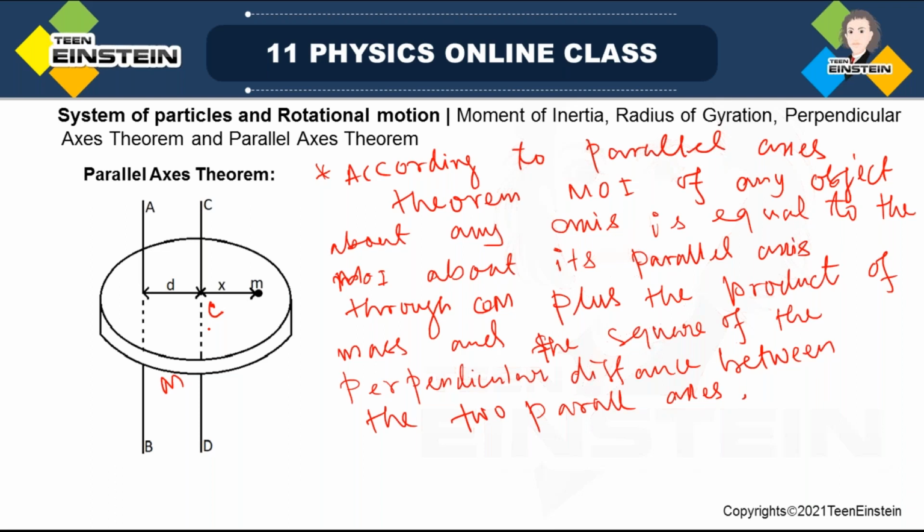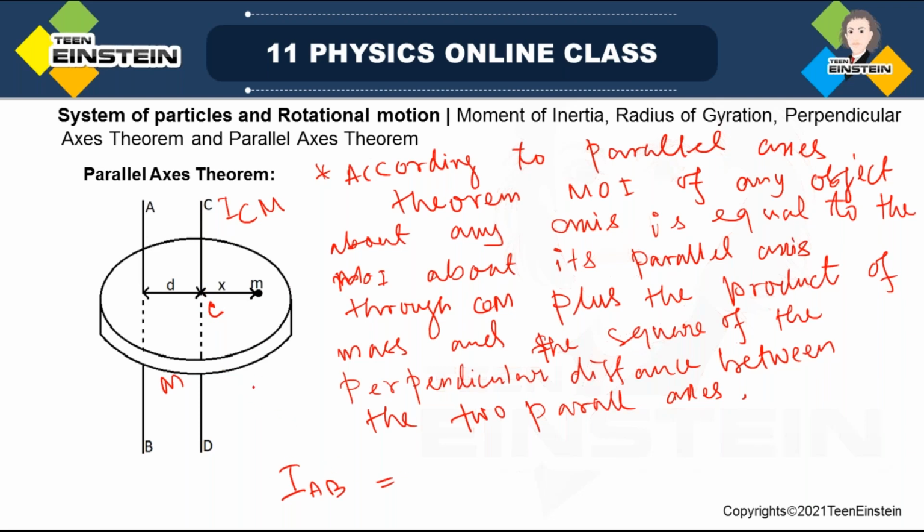Suppose this I is the moment of inertia about AB. And the moment of inertia about the center of mass I am writing as I C. This is the center of mass. CD is passing through the center of mass of the object, as you can see from the figure.